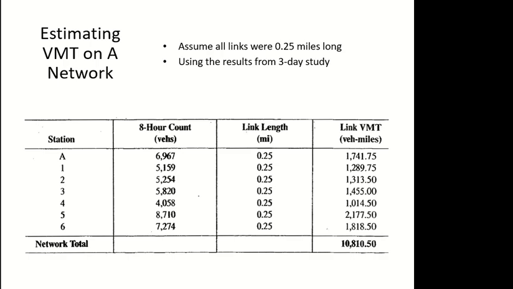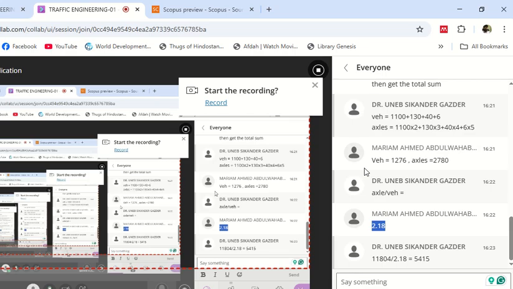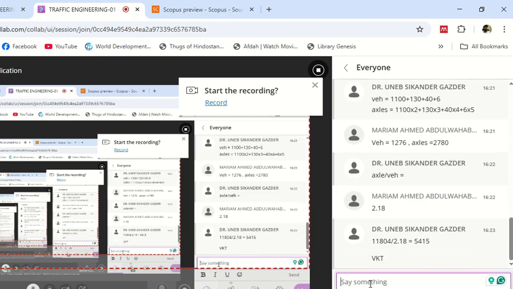If you are using the length in kilometers, then it is called VKT, vehicle kilometers traveled. In some countries they call it vehicle miles traveled, in some countries vehicle kilometers traveled, but the formula is the same: length of the highway multiplied by the volume.